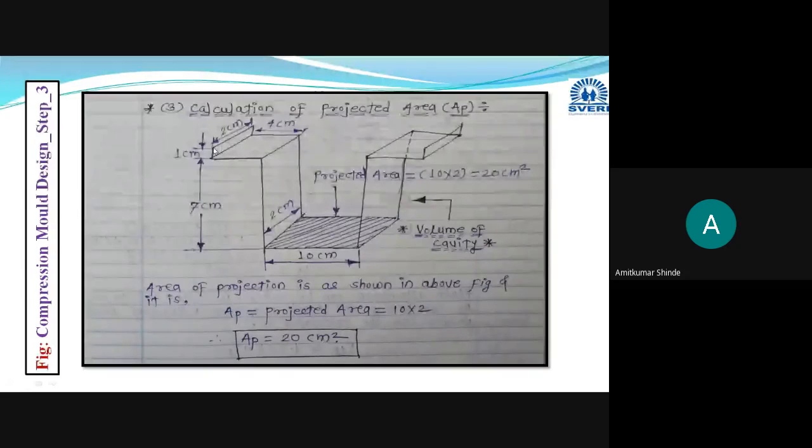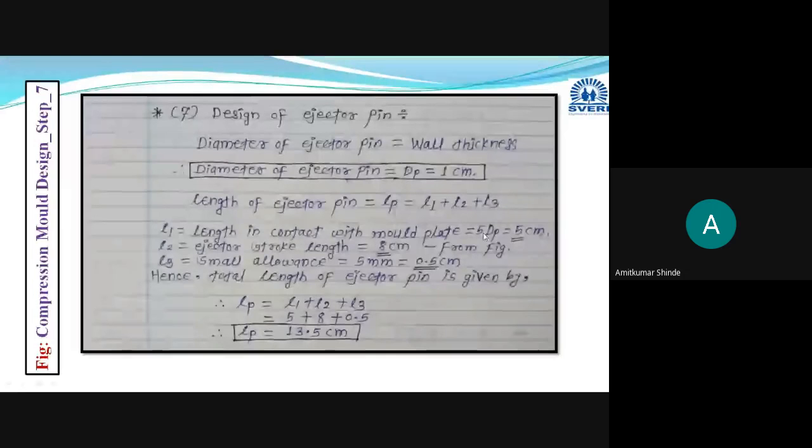Here we have to consider the cavity, 1 centimeter plus this 7 centimeter, it will be 8 centimeter, the ejector stroke, and the L1 value is 5 times the diameter, and that diameter is nothing but the wall thickness. Then addition you have to take, 5 plus 8, where 5 is in millimeter, that you have to convert into centimeter, and the length of the ejector pin is 13.5 in this case.